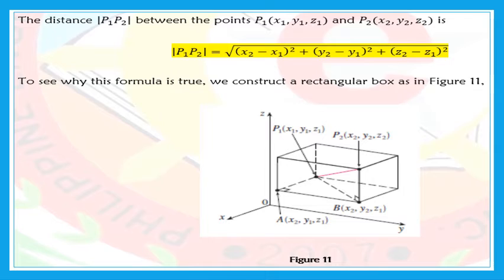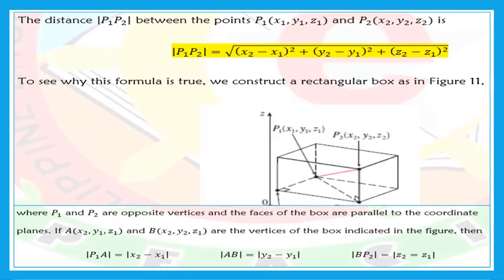To see why this formula is true, we construct a rectangular box as in this figure. So, ito yung dito nanggaling yung formula na ito. Where P sub 1 and P sub 2 are opposite vertices, okay, and the faces of the box are parallel to the coordinate planes.